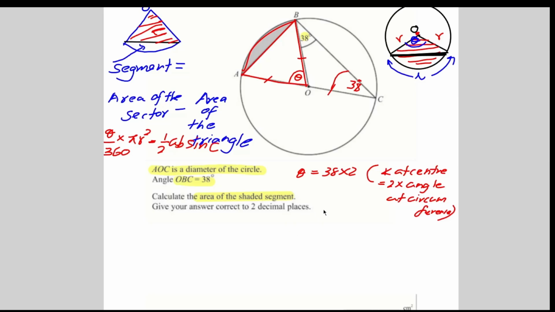Then theta equals 38 into 2, which is 76. Now this is 76 degrees. Then we have theta, and we can get the area of the sector.